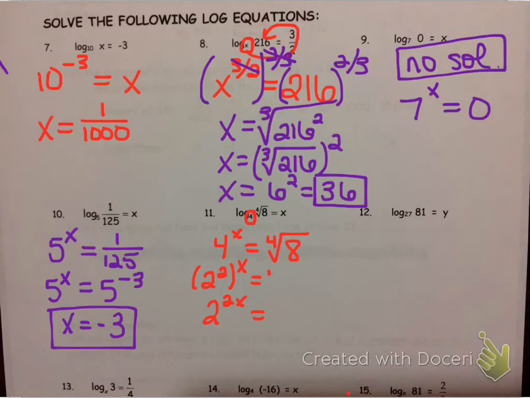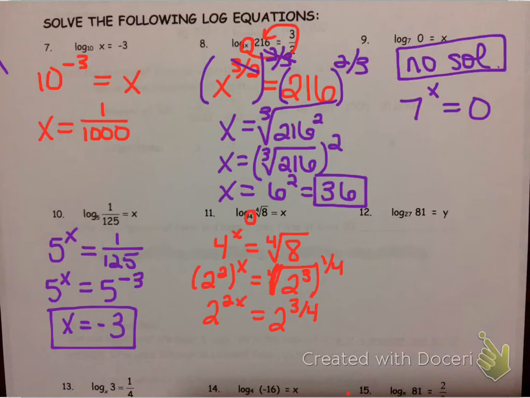And then my 8 is the same thing as 2 cubed. And don't forget that this 4th root right here, I could have rewritten it. It's the same thing as the power of 1/4. So that means my right side becomes 2 to the power of 3/4.